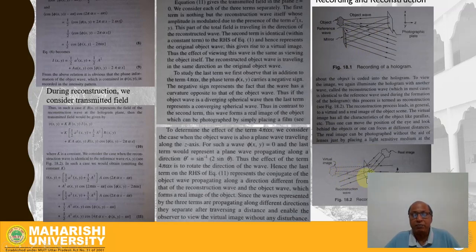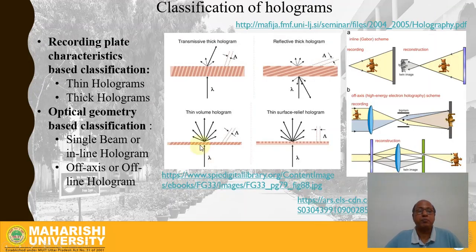For reconstruction, you simply have to put the laser source again at the same position from where the reference wave was given, and then you will find the virtual image in this direction and the real image in this direction, and you as an observer are sitting here, so you will observe the virtual image at this location, right? So this is how the reconstruction process works.